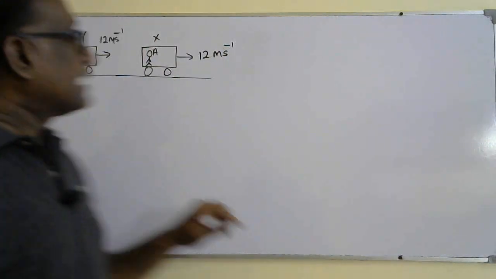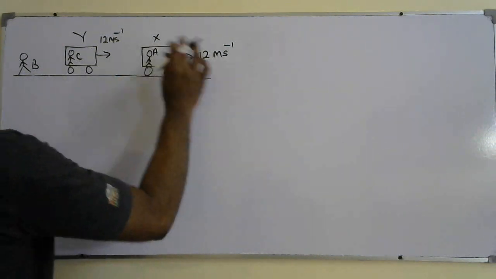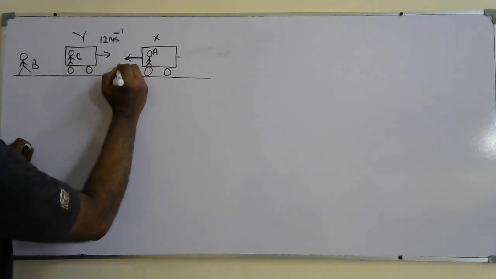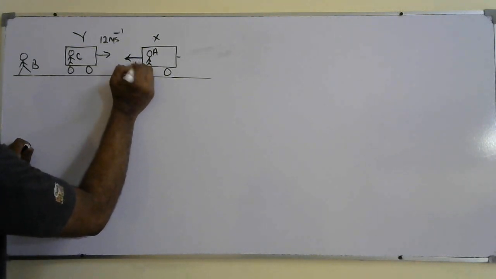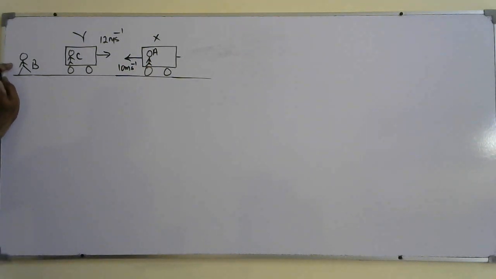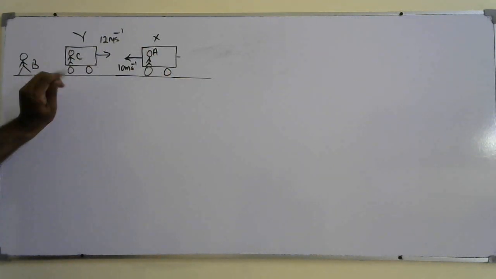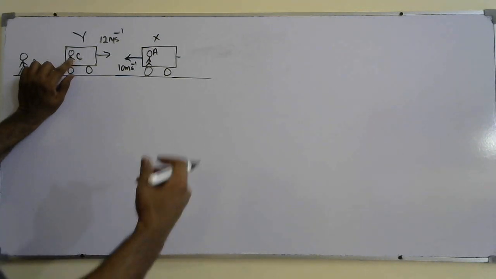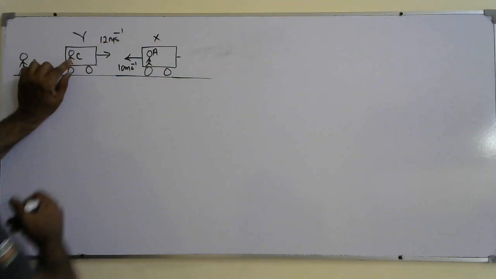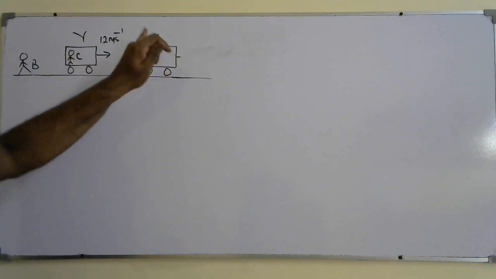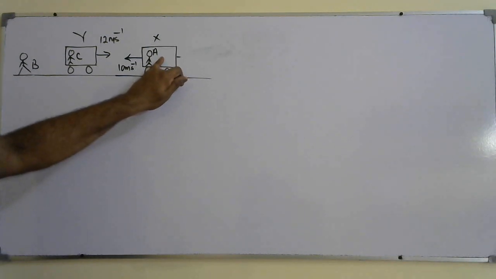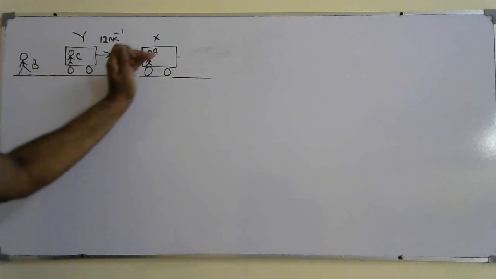Now if this happens, now the car X is moving towards left at 10 meter per second on the frame of reference of B, that is relative to Earth, we can say. Now what happens? Velocity of A on the frame of reference of C will be 22 meter per second towards Y. Same way, velocity of C on the frame of reference of A is 22 meter per second towards right.